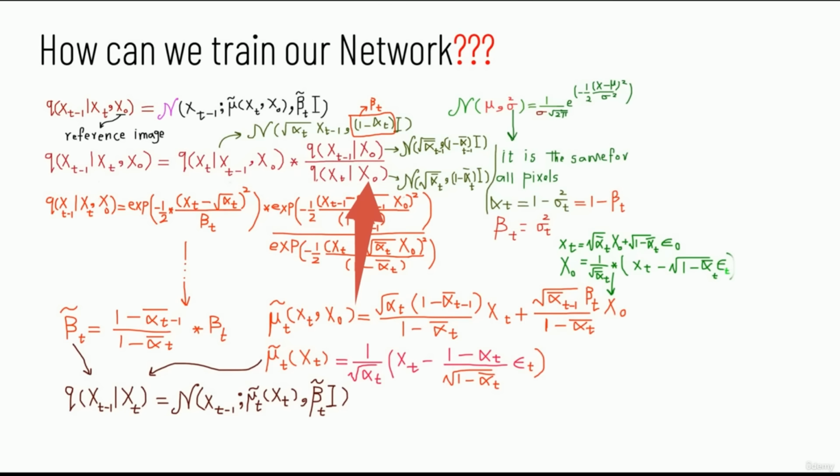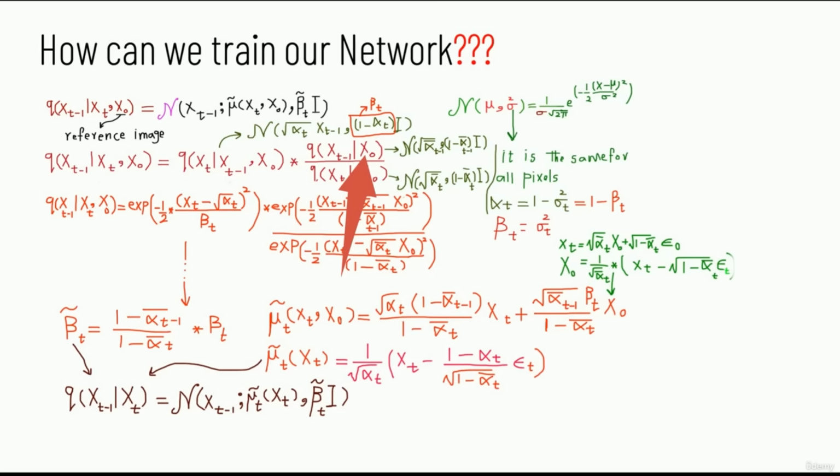And it's difficult to find the distribution of xt minus 1 if you don't have the value of x0. But when we have the value of x0 here, we learned previously how to move directly from x0 to any time step. We talked about that in the reparameterization trick lecture.